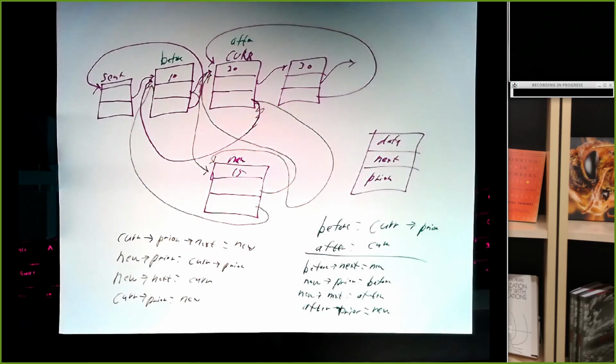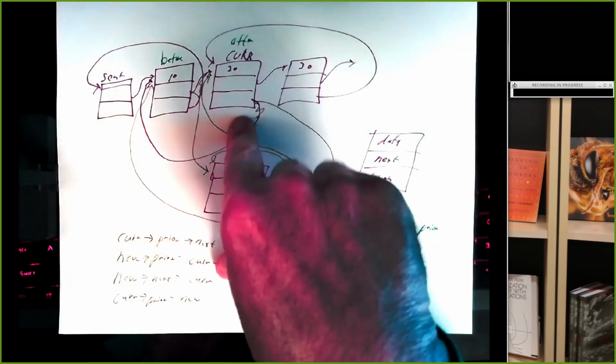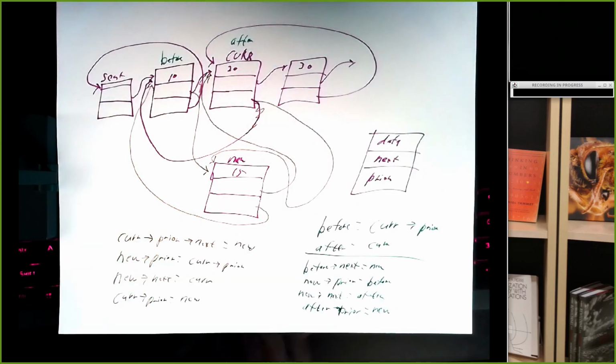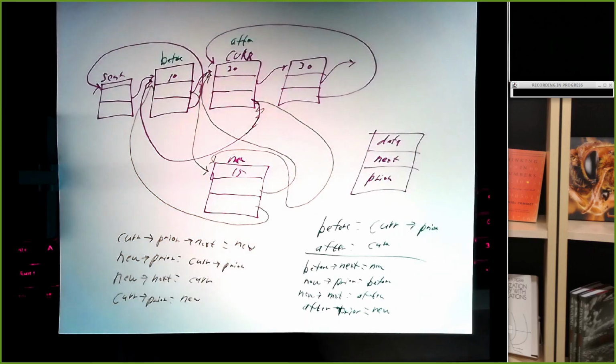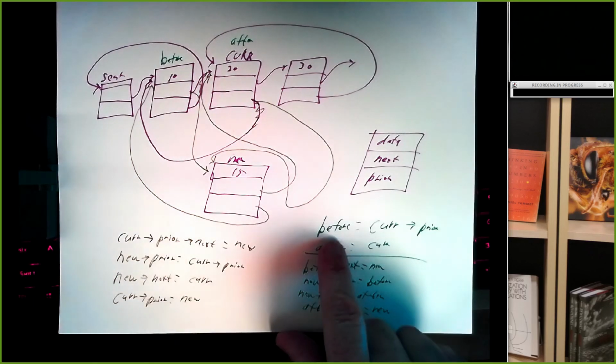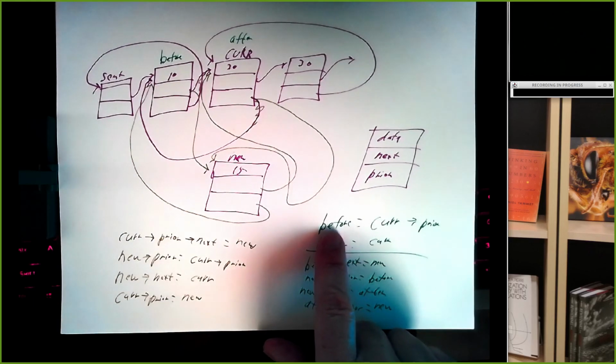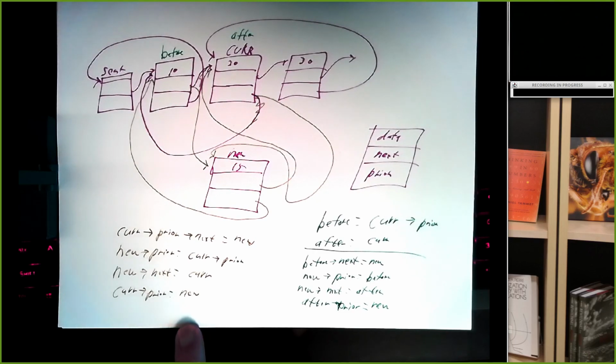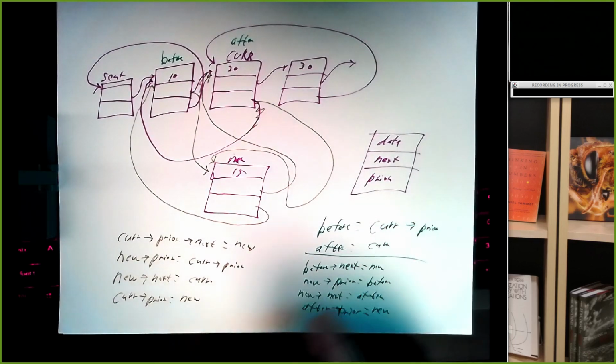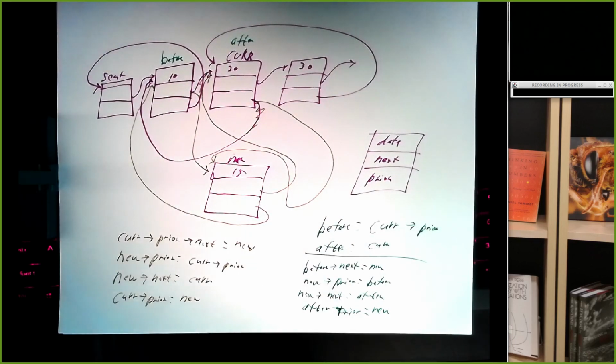And I can do those in any order I want, because what I'm doing is saving the information from these nodes in local variables. So it doesn't matter when I change current arrow prior. I've already saved the value I actually want in this variable before. And if I change current arrow prior somewhere else, that's okay.